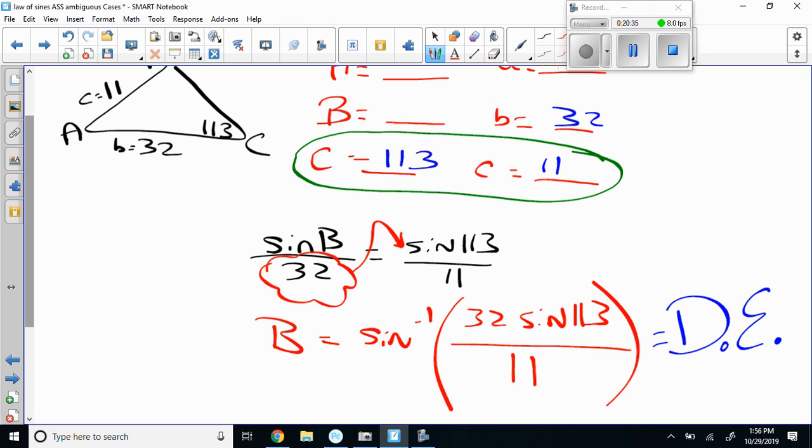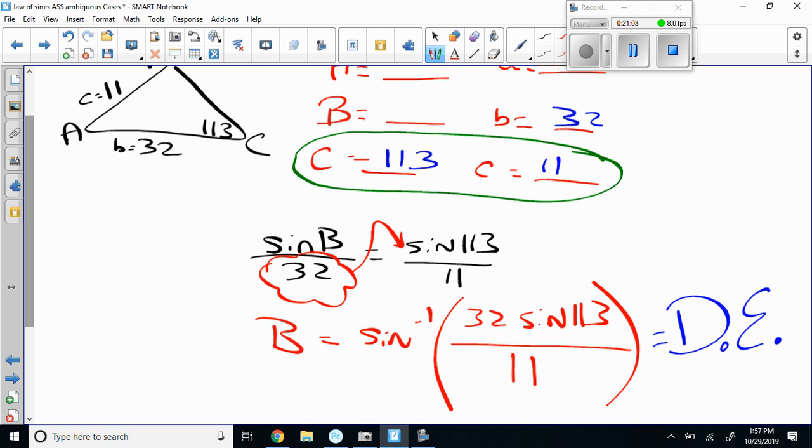We're trying to find the inverse of a sine relationship, right? The greatest value that you can take the sine of is 1. And if you look at the 32 times sine of 113 over 11, I guarantee you that is a value greater than 1.